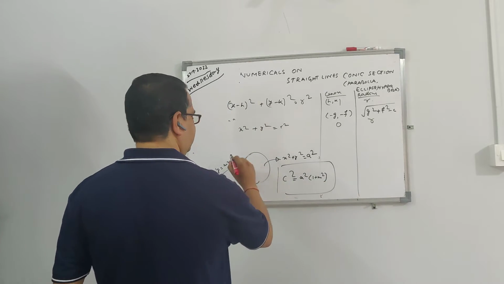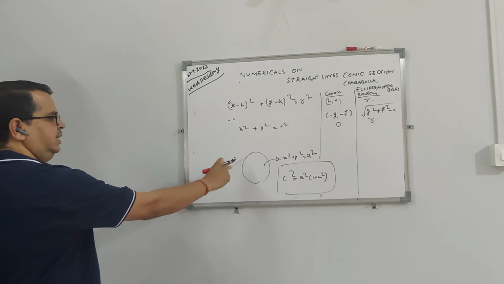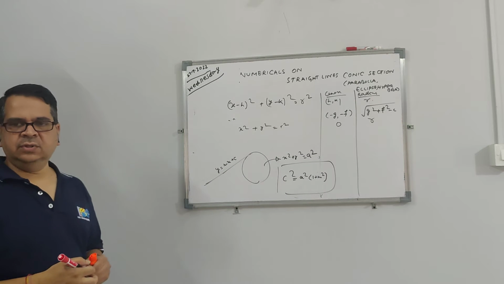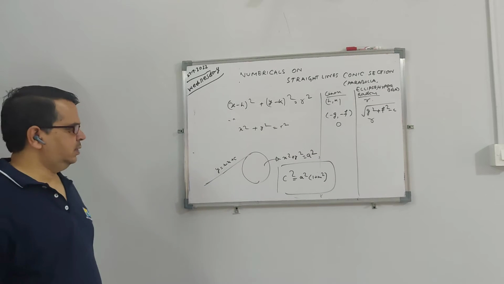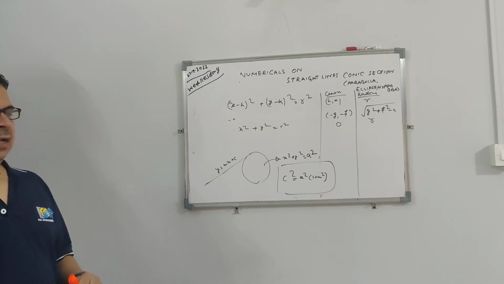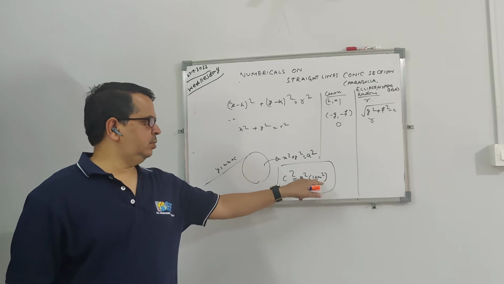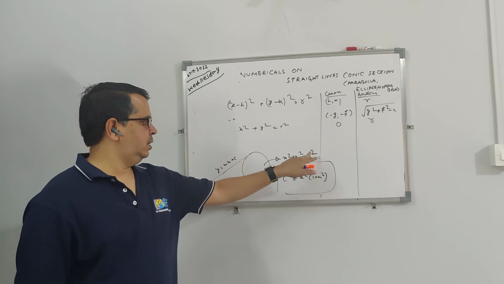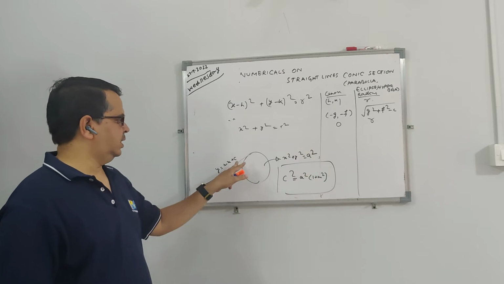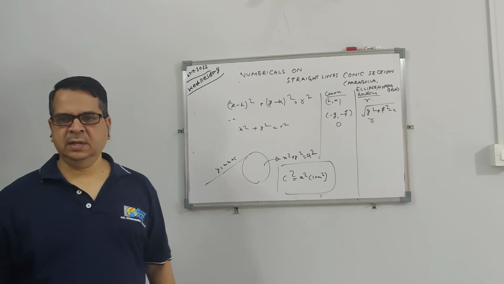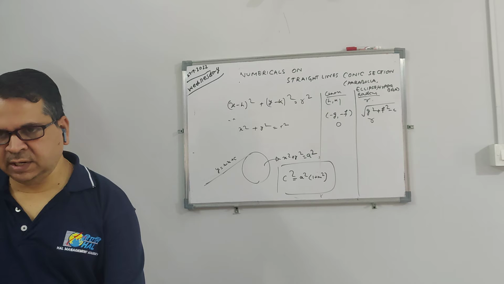You know m, you know c. If this is equal to this, then you can say that it is tangent to the circle x square plus y square is equal to a square. So just remember c square is equal to a square into 1 plus m square. If that happens, then it will be tangent.